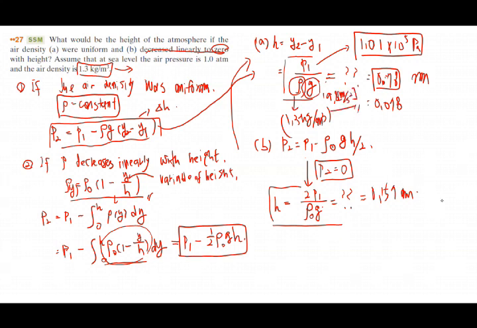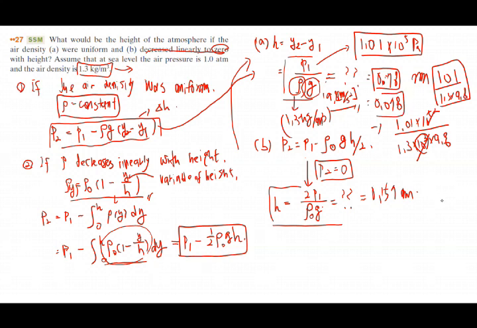Plugging that in, it should be 1.01 times 10 to the 5, divided by 1.3, divided by 9.8. That's got to be more than 0.078, isn't it? I forgot to convert the atm to pascals.